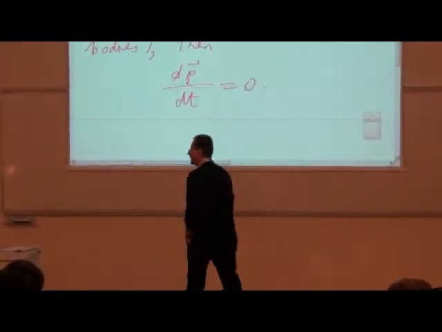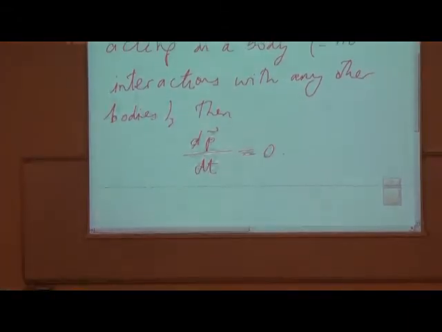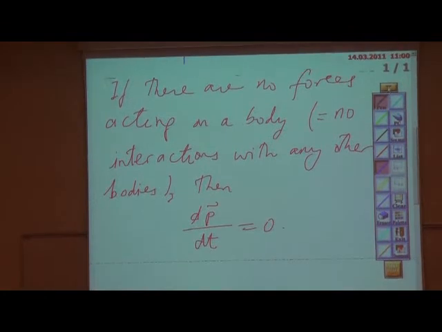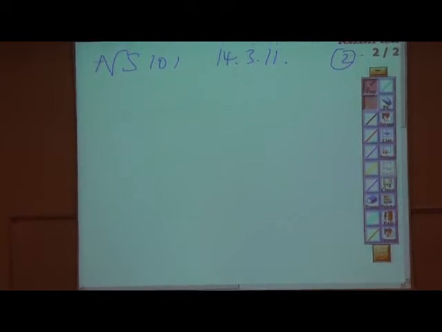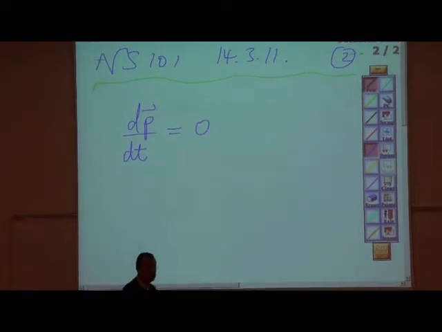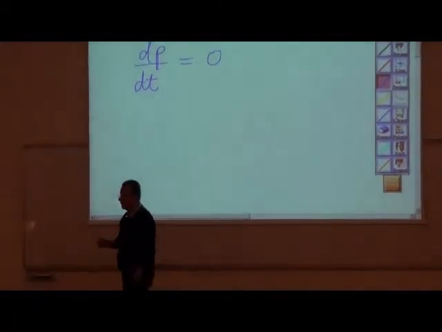Now let us see what that means. Now remember, P was m times V, and we learned how the product of two things can change. How do you calculate derivative of mv? Okay?